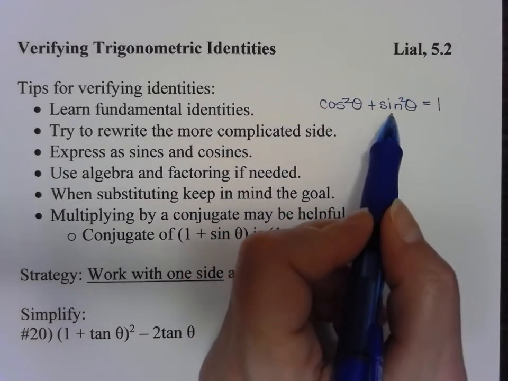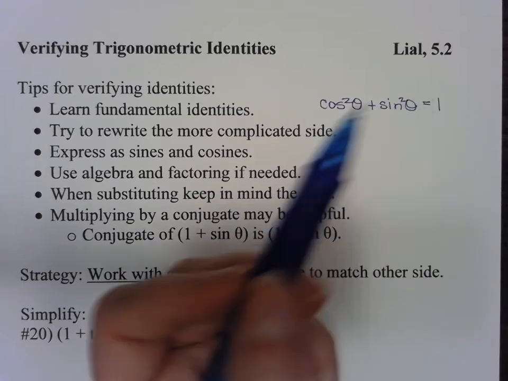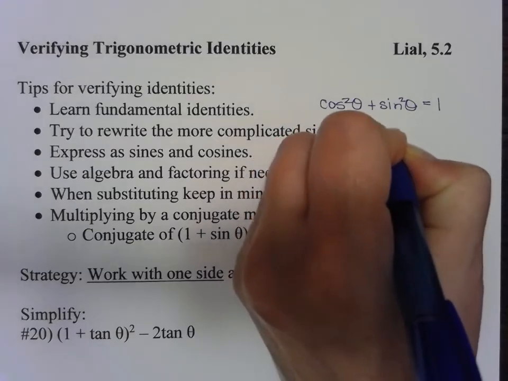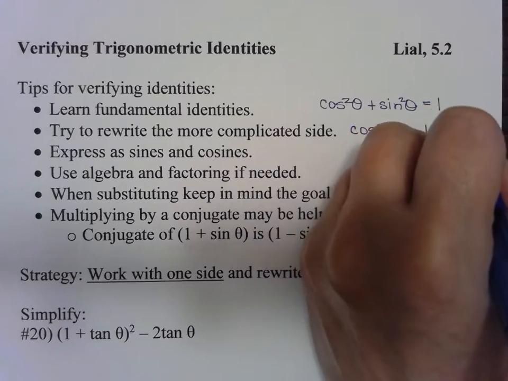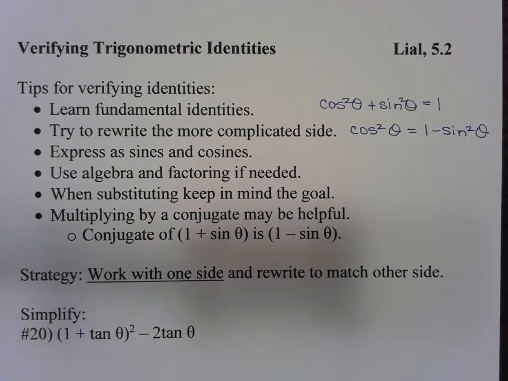One way to rearrange it would be to subtract the sine squared over to the other side. So then cosine squared would be equal to 1 minus sine squared. It's still the same identity, but we're just using it in a different form. That's definitely something that's going to come up, something that's worth thinking about.